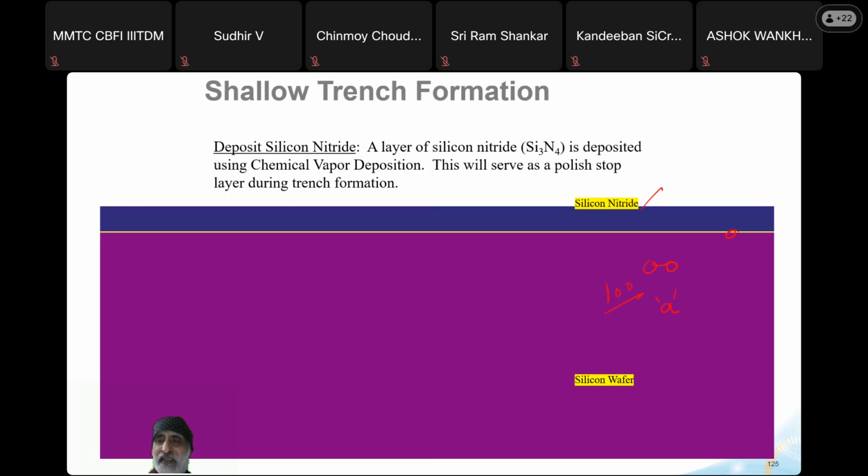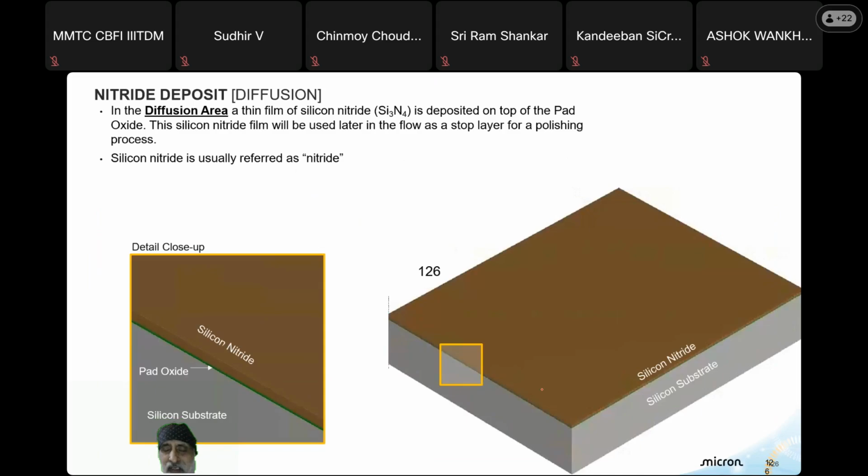And silicon nitride is not a crystalline structure, it will be polycrystalline. So due to mismatch in the lattice constant, there will be a lot of stresses and strains developed, which we don't want. And there are some other reasons also, and that is why we have a yellow layer which is an oxide, and then we have a silicon nitride on top of it. And once it is done, you can see earlier the green layer of oxide was there, now the silicon nitride also has come, and this is deposited by CVD, chemical vapor deposition.